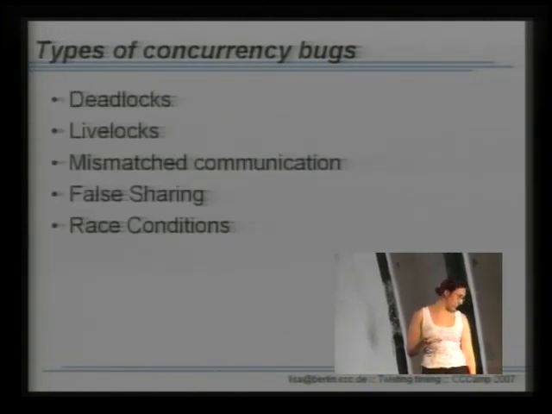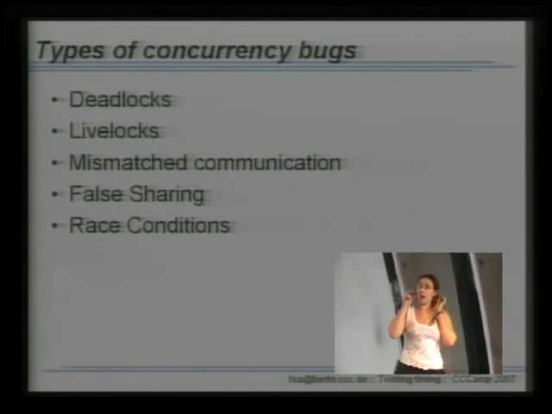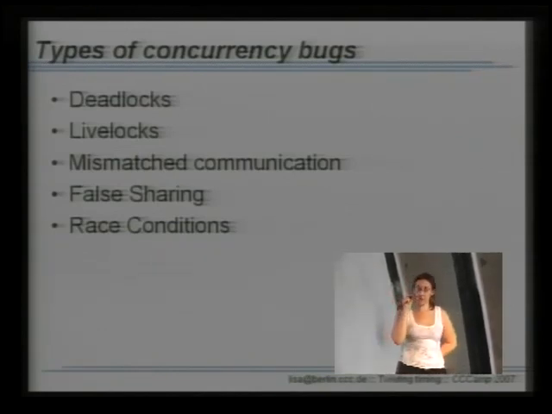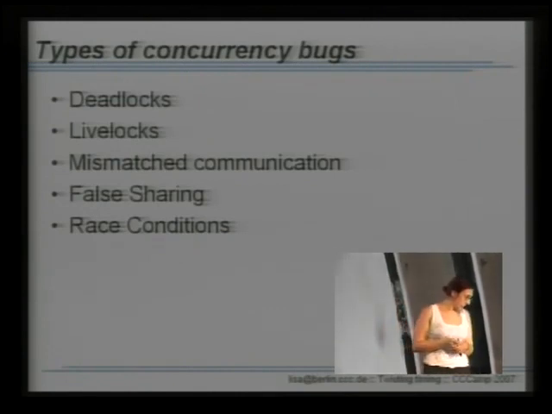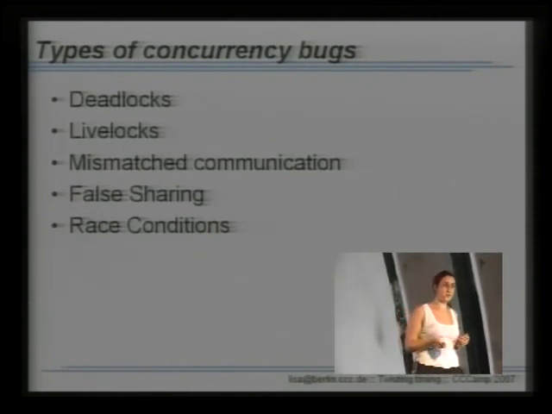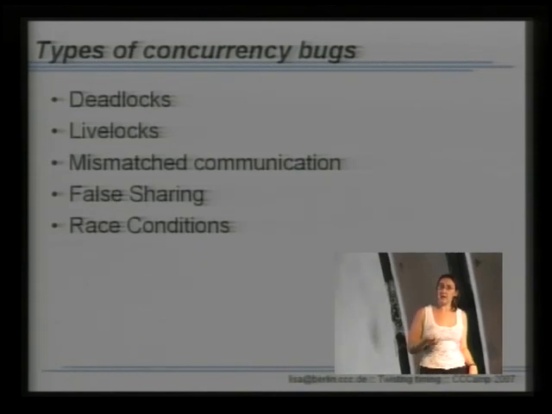So there's a whole host of concurrency bugs that can occur. Among them are deadlocks, live locks, mismatch communication, and false sharing, which I'm not going to talk about. It's simply because these are, first of all, quite rare to find in software because they're easy to find and easy to track down. If the software hangs, you can just attach a debugger and usually find out where exactly it hangs and what the bug is.